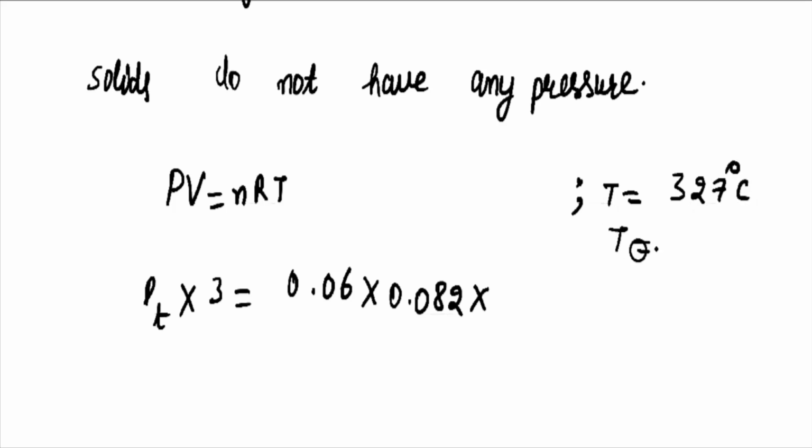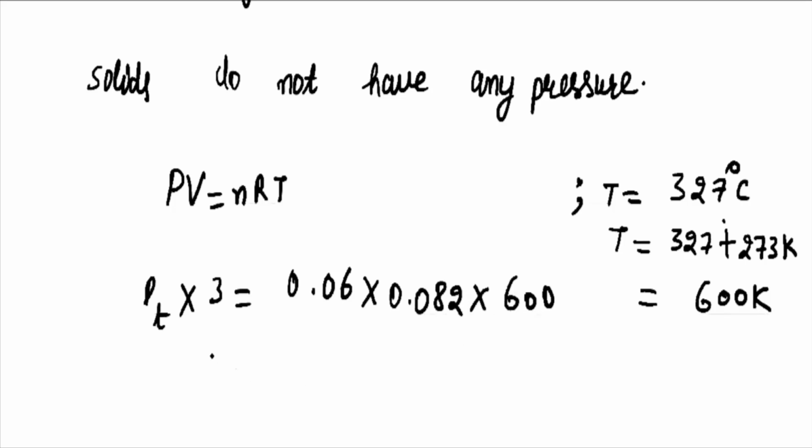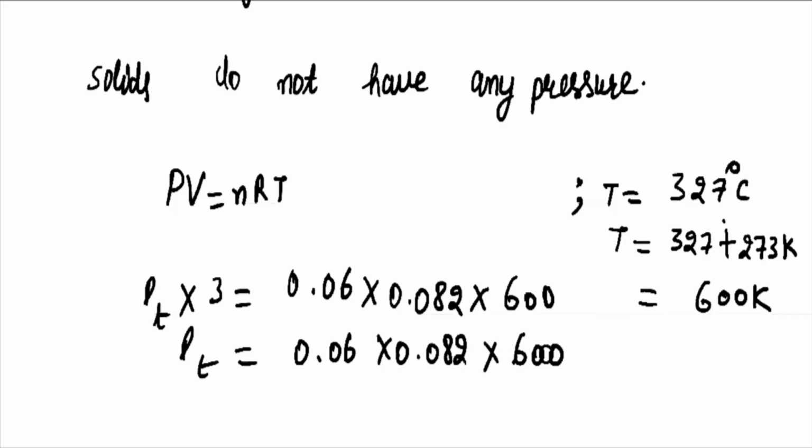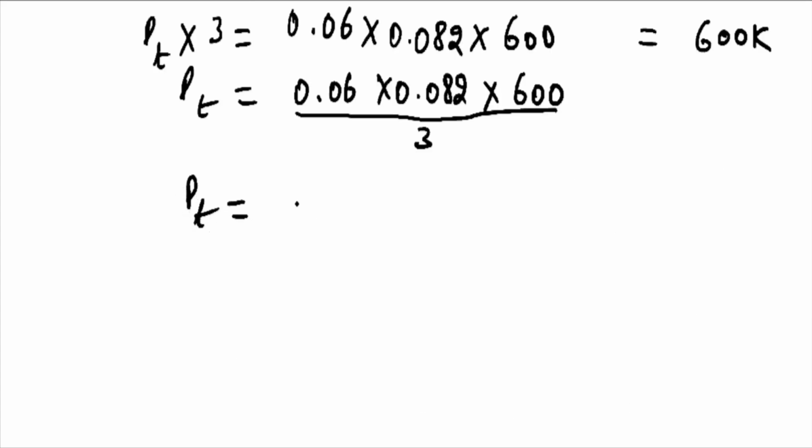We need to convert it into Kelvin, so add 327 plus 273. On solving this, it is equal to 600 Kelvin. So Pt equal to 0.06 into 0.082 into 600 divided by 3.